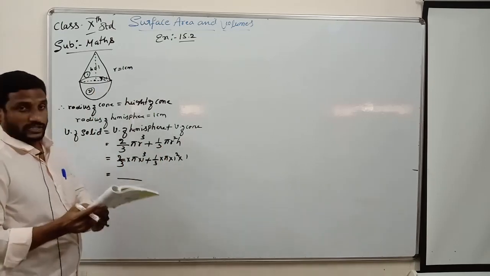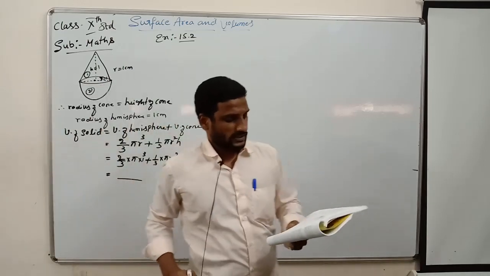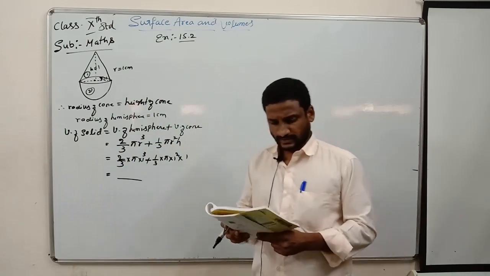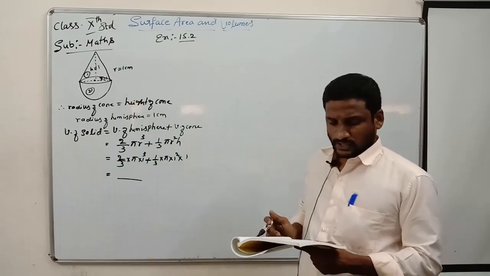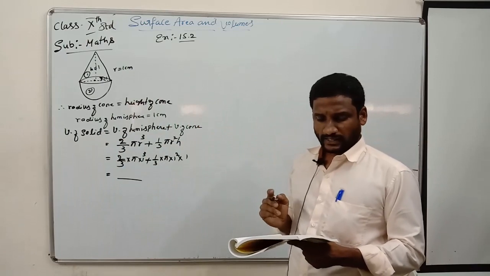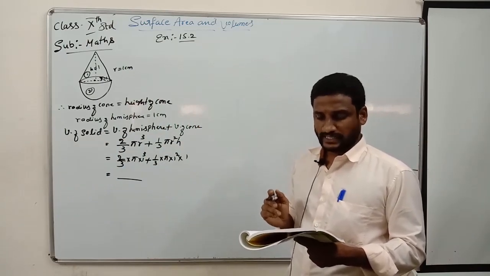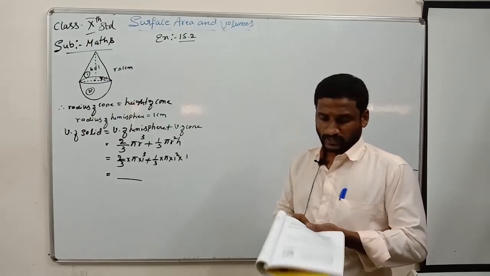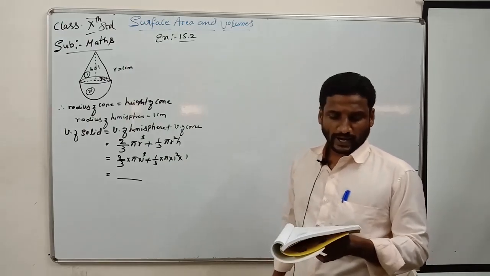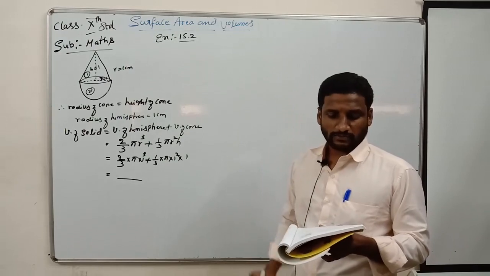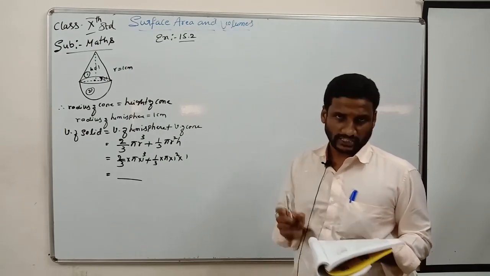So next question, the second question. See the second question here. Raquel, an engineering student, was asked to make a model shaped like a cylinder with two cones attached to its two ends by using a thin aluminum sheet.